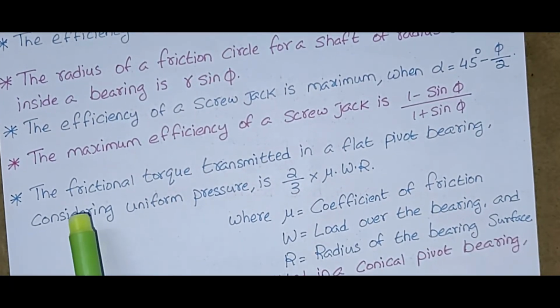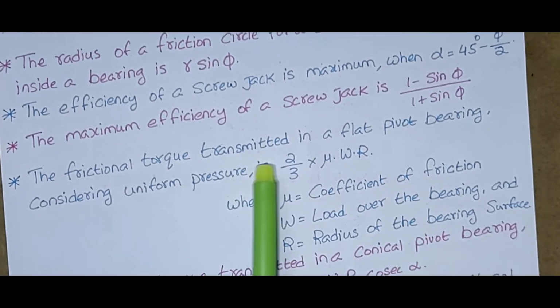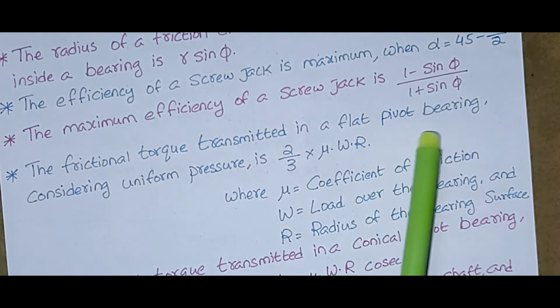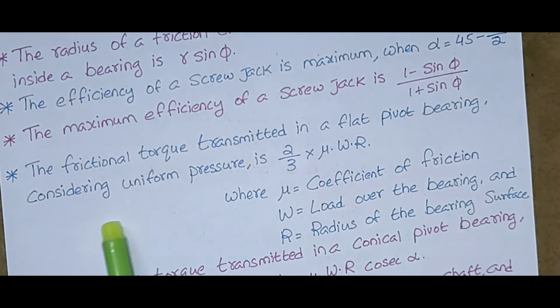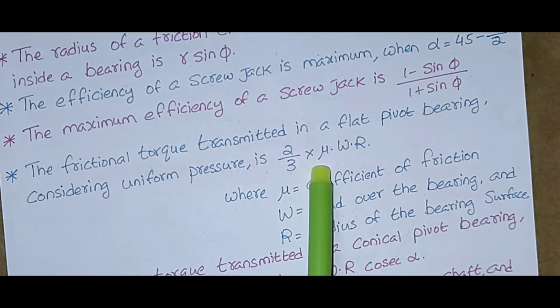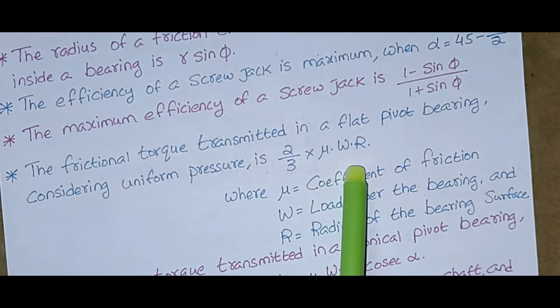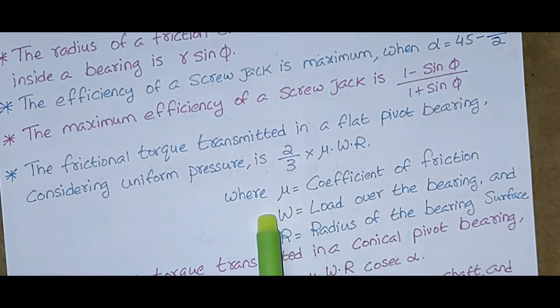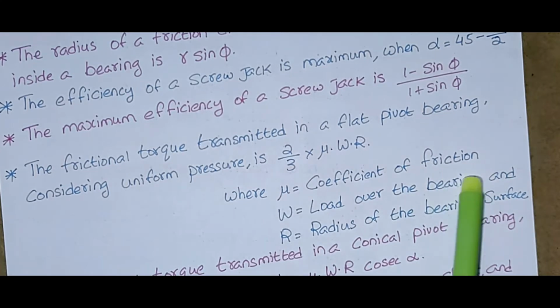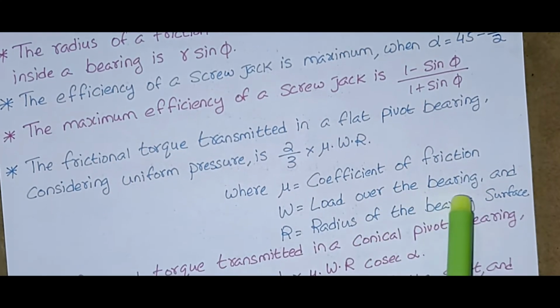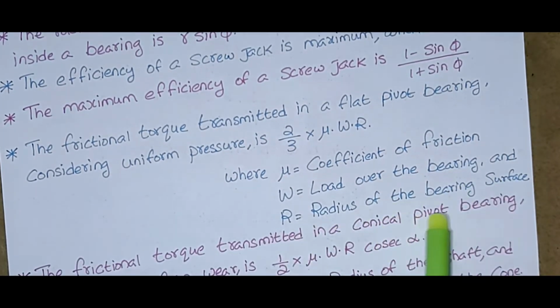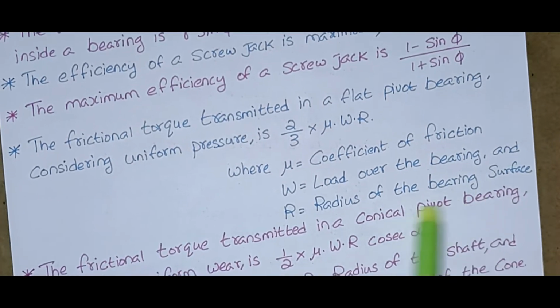Next, the frictional torque transmitted in a flat pivot bearing considering uniform pressure is 2 by 3 into mu into W into R, where mu is coefficient of friction, W is load over the bearing, and R is radius of the bearing surface.